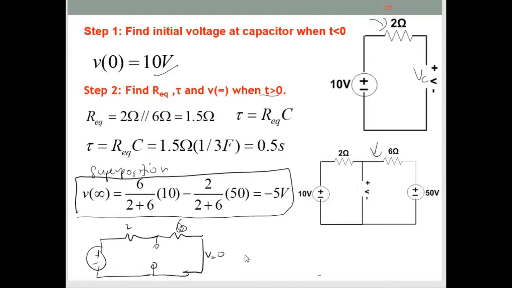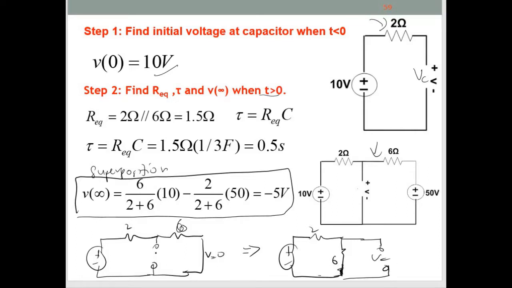Maybe the easier way to analyze this circuit is if I draw it like this: 2, 6, and this is the capacitor. I change the capacitor to the last of the circuit. Still 6, and the short circuit is here. So this circuit is the same as this one.